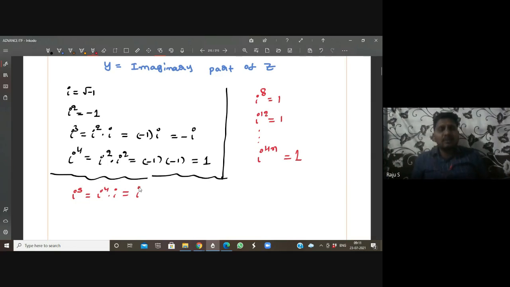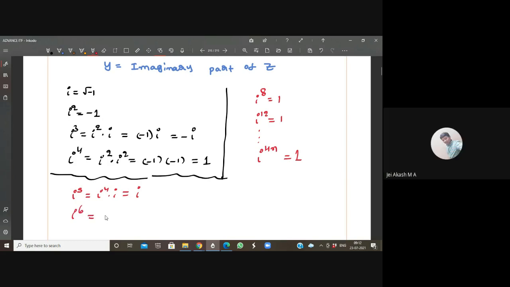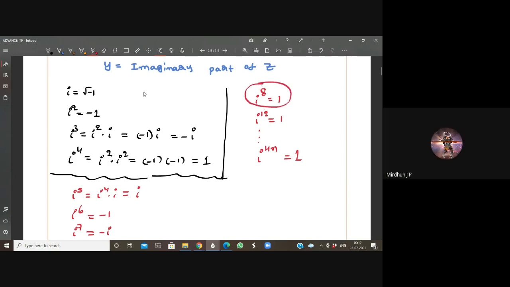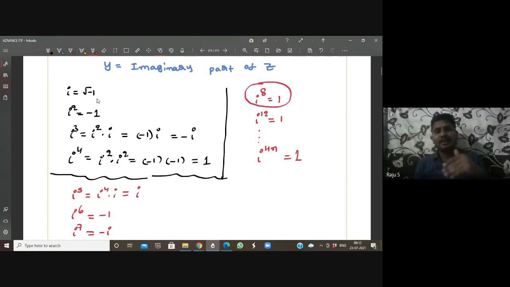What is iota power 6? Minus 1. Iota power 7? Minus iota. Iota power 8? Again 1. So this repeats: iota, minus 1, minus iota, plus 1, till infinity.